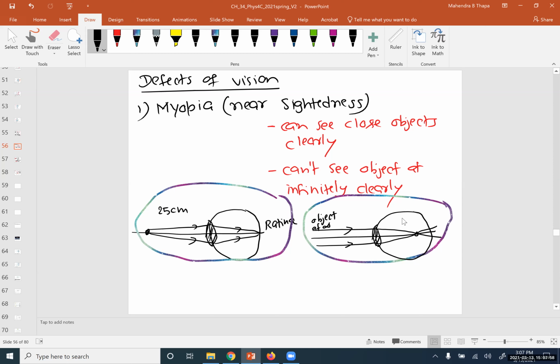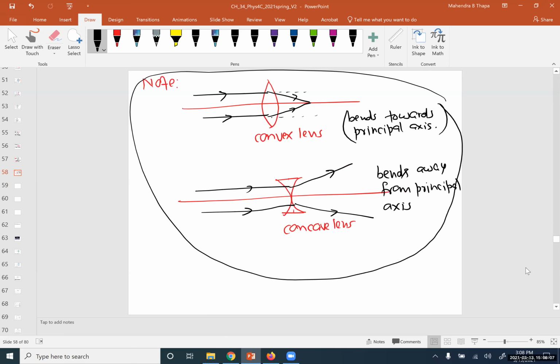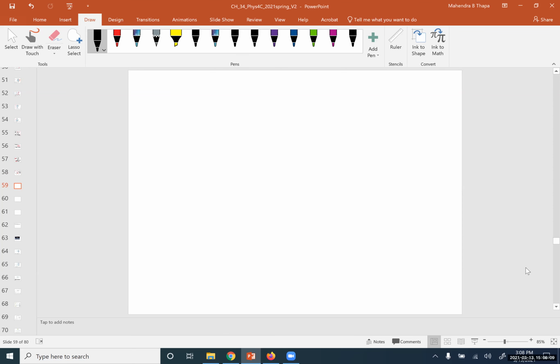So that's the reason in this case we have to use a suitable concave lens.